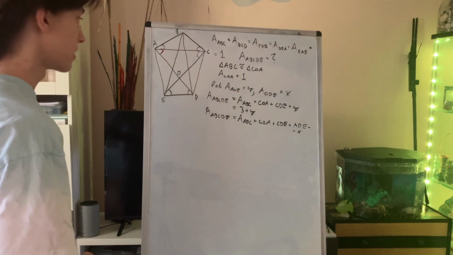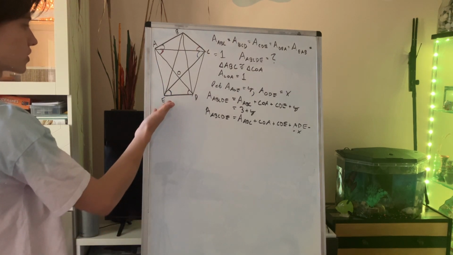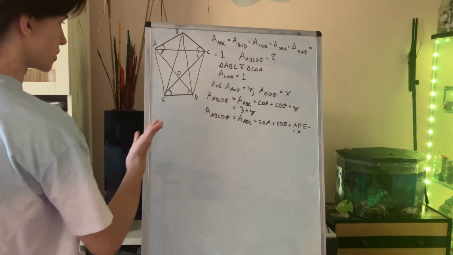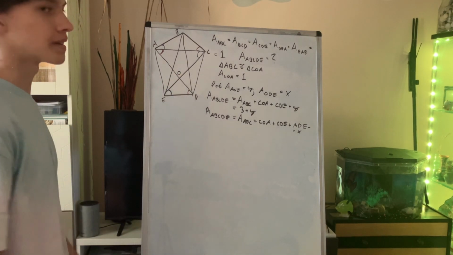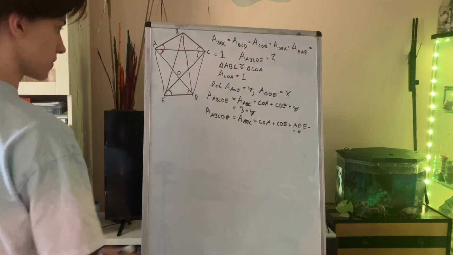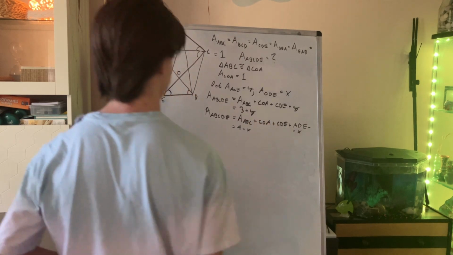Make sure you see why. We have CDE and ADE. They share an intersection. They intersect with this OED right here. So basically we're adding twice this triangle, and we have to subtract one to have us left with one of these. And that is going to equal 4 minus x.